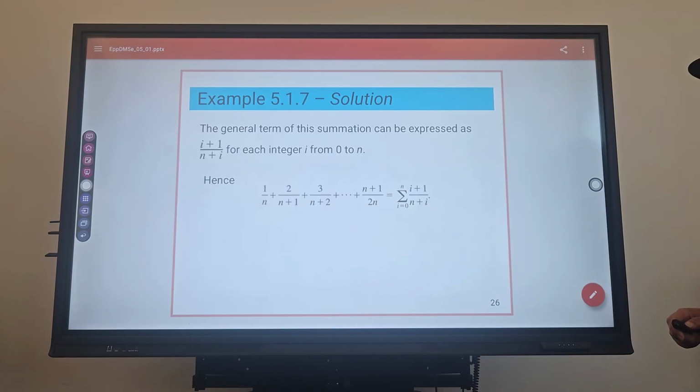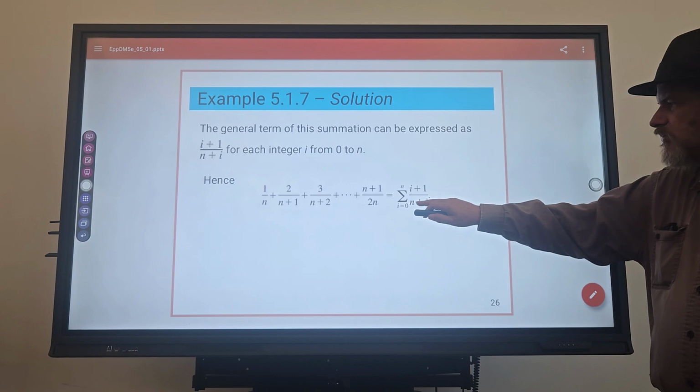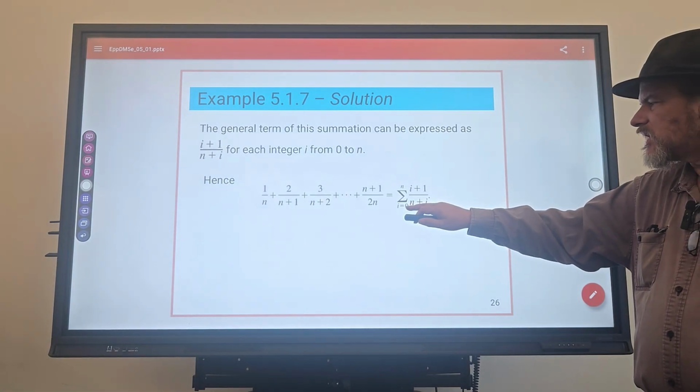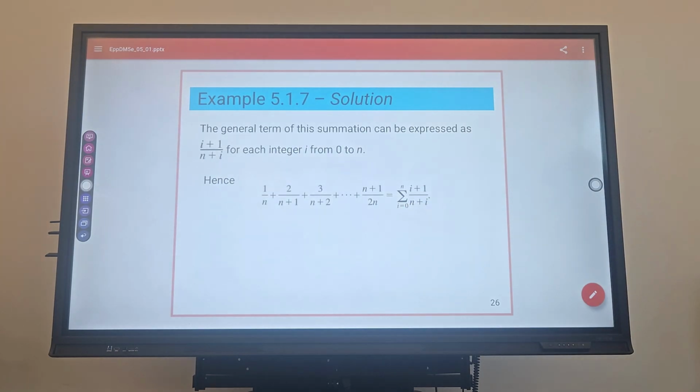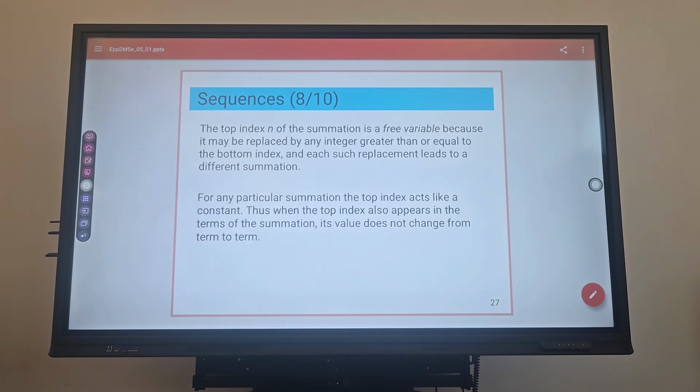The general form of this summation can be expressed as i plus 1 over n plus i for each integer i from 0 to n. So i plus 1 over n plus i, where i is from 0 to n. The top index n of the summation is a free variable because it may be replaced by any integer greater than or equal to the bottom index, and each subsequent replacement leads to a different summation.